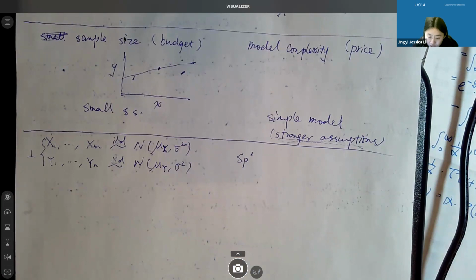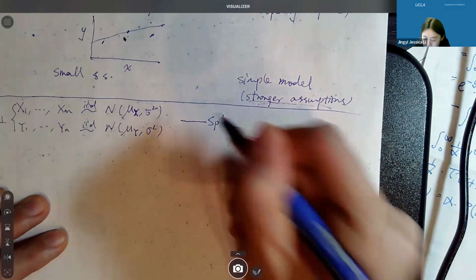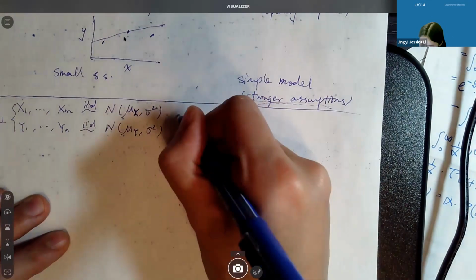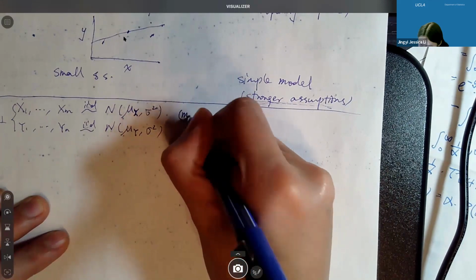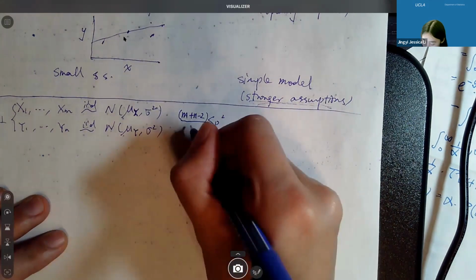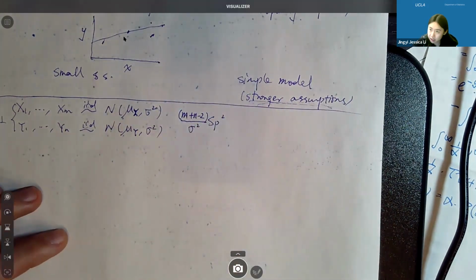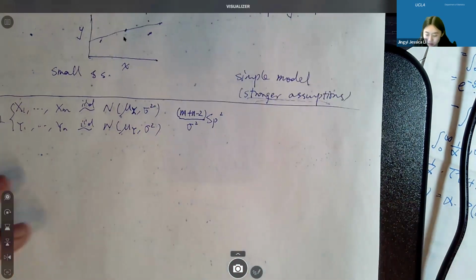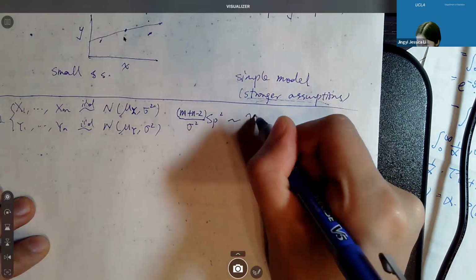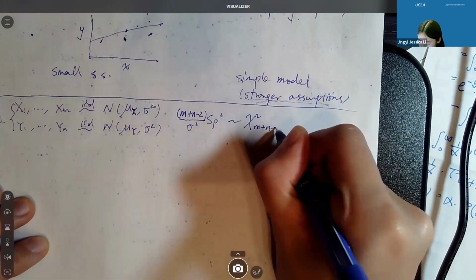So we know the distribution of this SP squared, and it is actually very nice. If we multiply SP squared by the ratio, m plus n minus 2 in the numerator divided by this common unknown sigma squared, this term, under our mathematical statistics theory, follows a chi-square distribution with degrees of freedom m plus n minus 2.